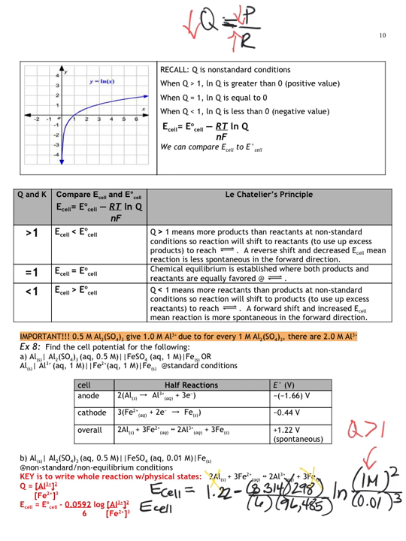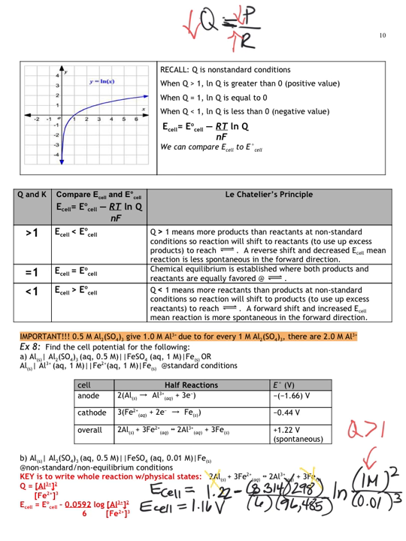When I calculate everything and get the output, I should expect my E cell to be less than 1.22 volts, which is my E standard. I get, as a result, 1.16 volts when I calculate using the Nernst equation with these non-standard concentrations for my ions in solution.